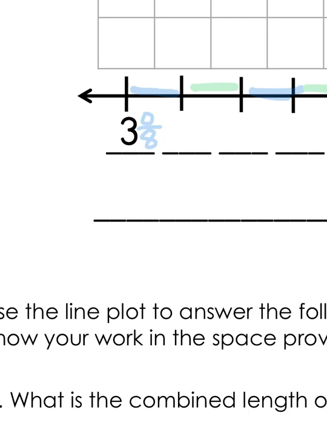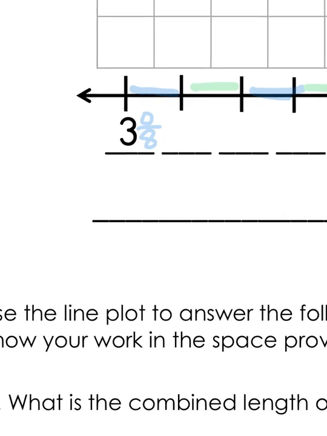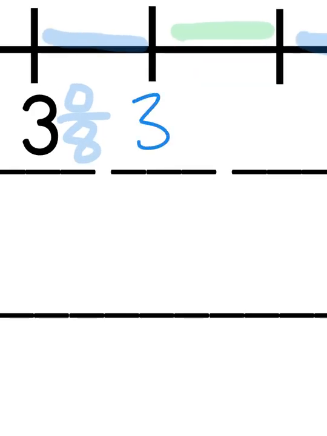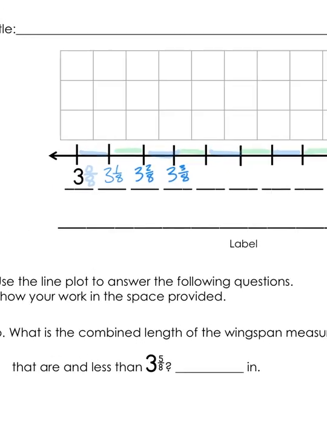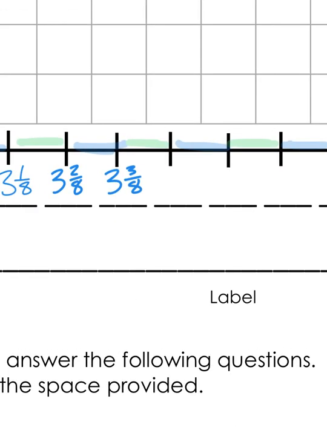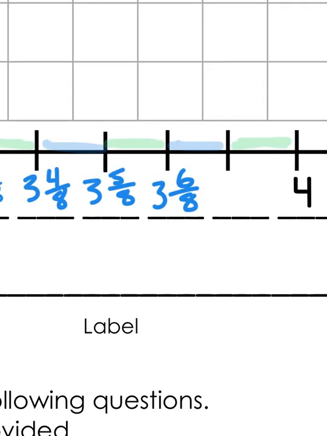Then we get to this spot right here. That would be regarded as 3 and 1/8, followed by 3 and 2/8, and 3 and 3/8, and I think you're starting to get the picture. Eighths of an inch: 3 and 4/8, 3 and 5/8, 3 and 6/8, 3 and 7/8.